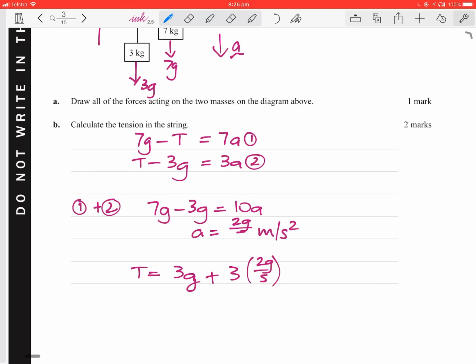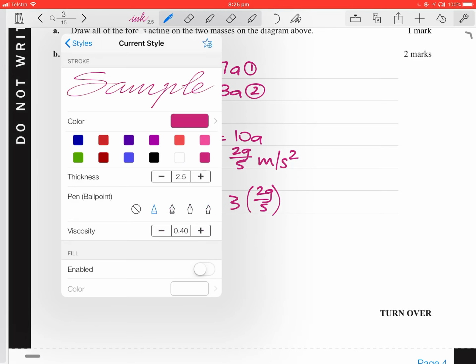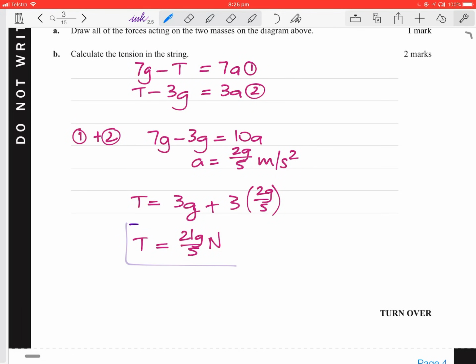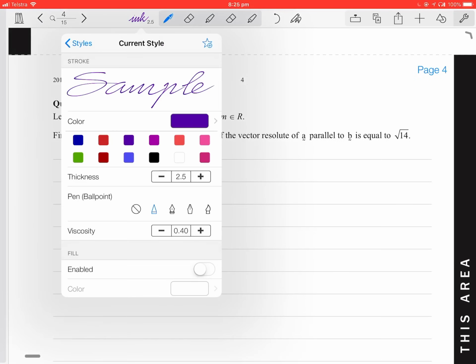Remember that's a 5, so we put that on 15 and we get T equals 15g on 5 plus 6g on 5, which is 21g on 5 newtons, because it's a tension. I like to put a nice rectangle around my answer.